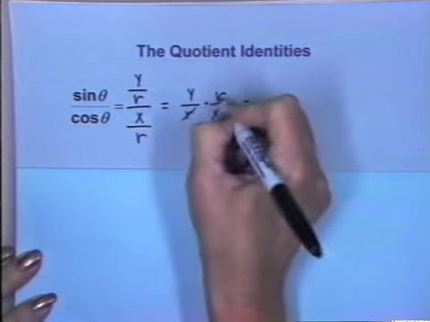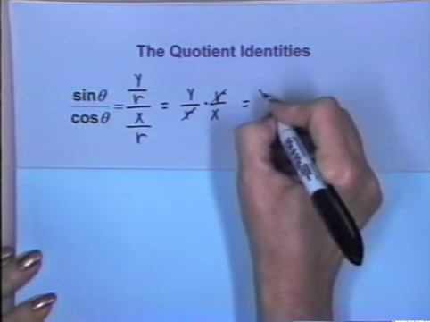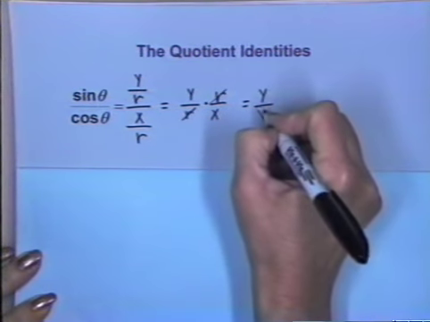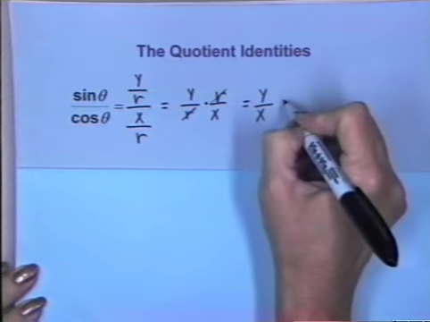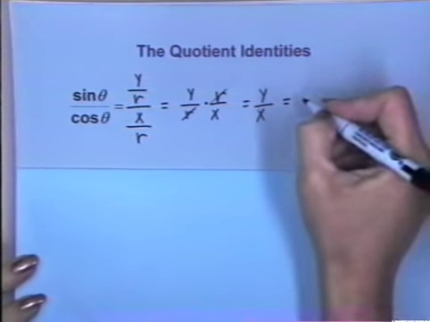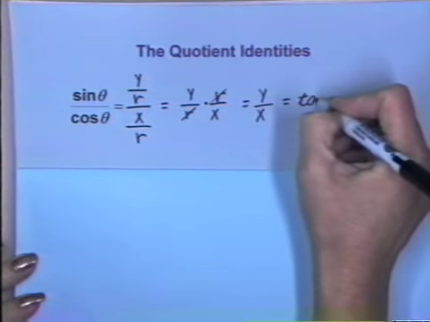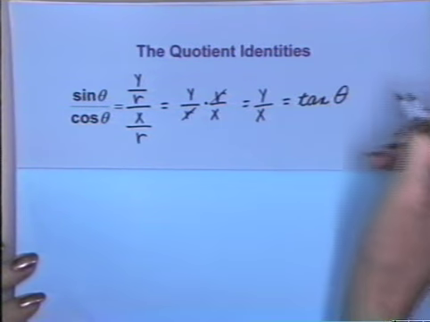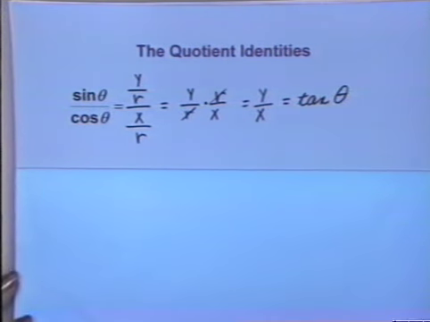And of course the r's divide to 1, so we're left with y over x. Which trig function do we get of theta if we take the y coordinate and divide it by the x coordinate? Well, that's equal to the tangent of theta, isn't it?